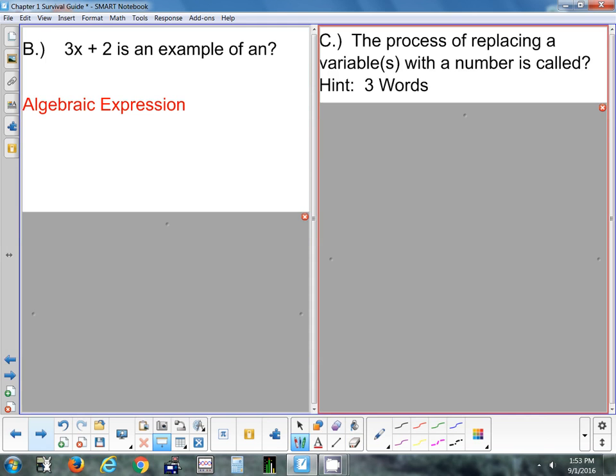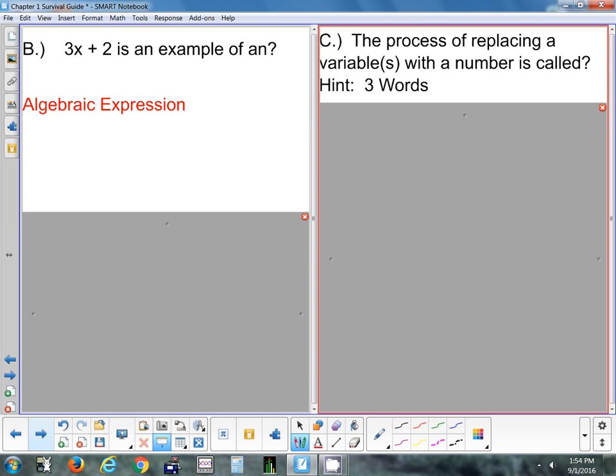All right, the next one. It says the process of replacing a variable or variables, if there's more than one, with a number. Does anybody know what you call that? Like if I said to you to take the number 5 and plug it in for x. Doing that has a name.